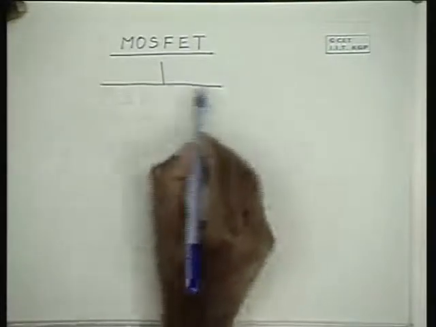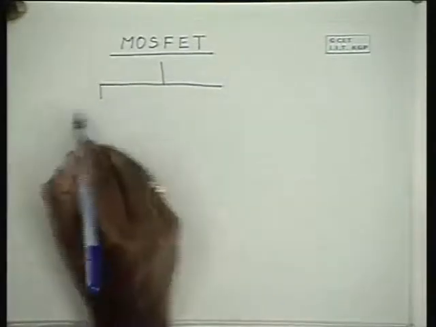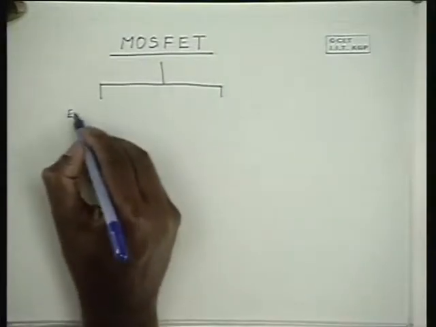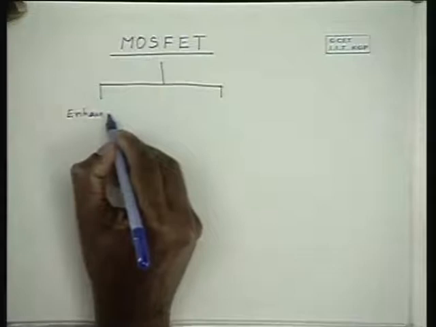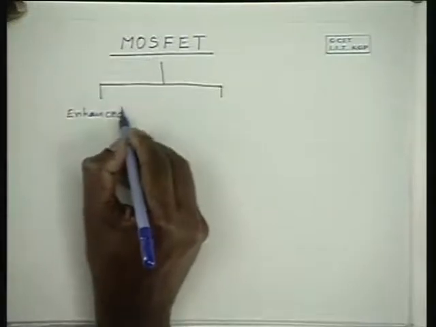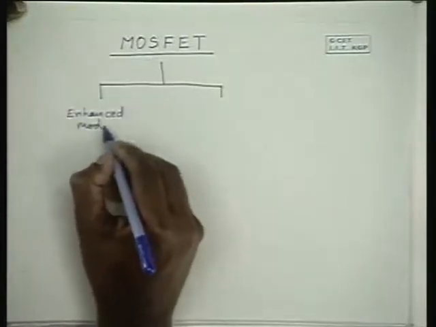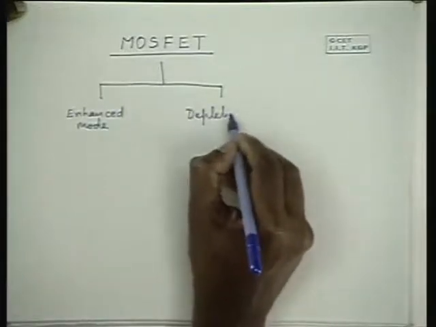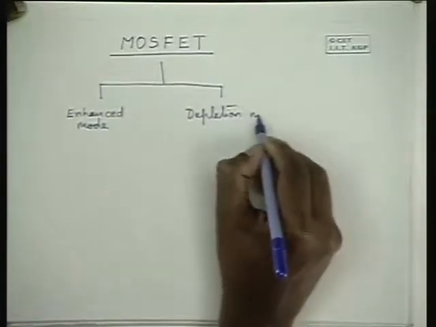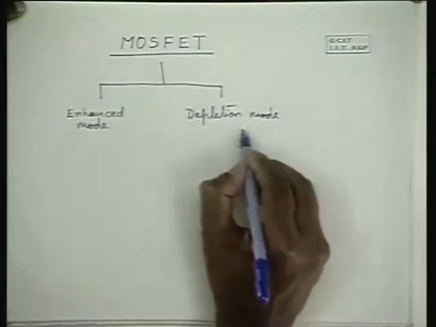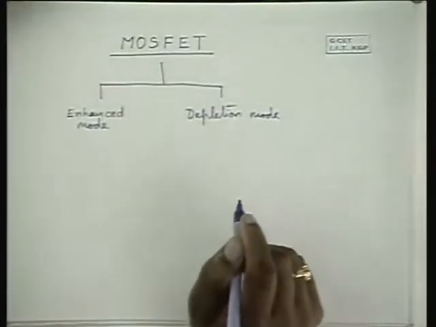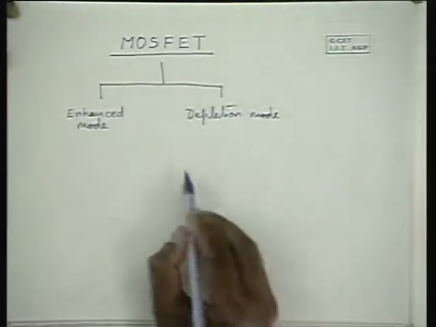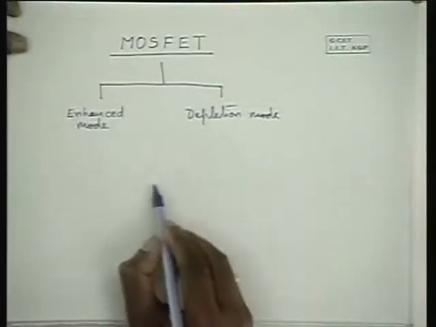Before that, let me explain that there are two types of MOSFETs possible. One is enhancement mode MOSFET and the other one is depletion mode MOSFET. The construction of a depletion mode MOSFET is like this.